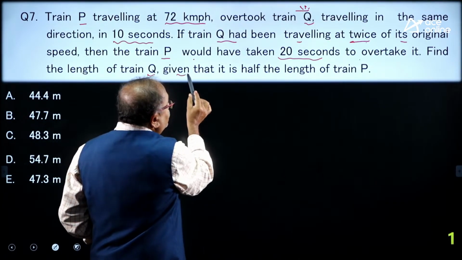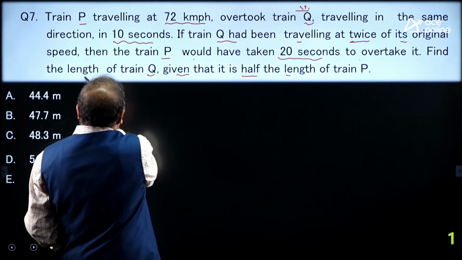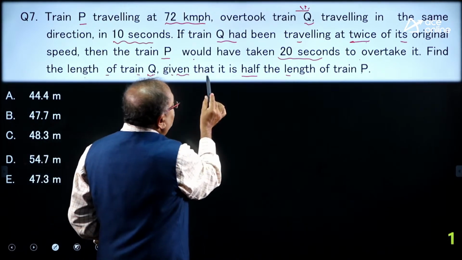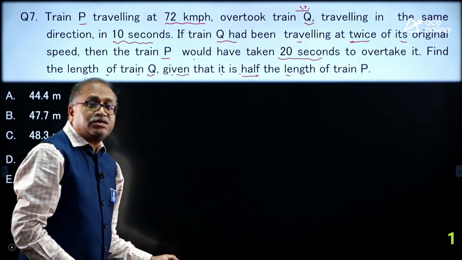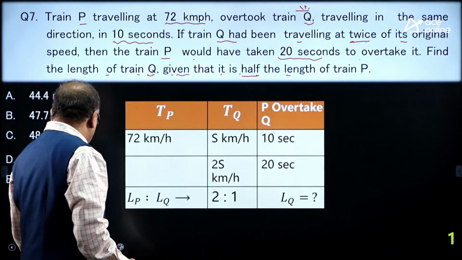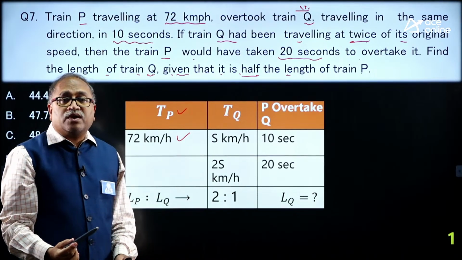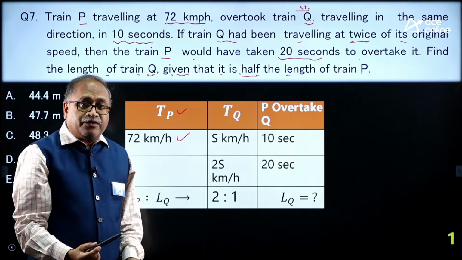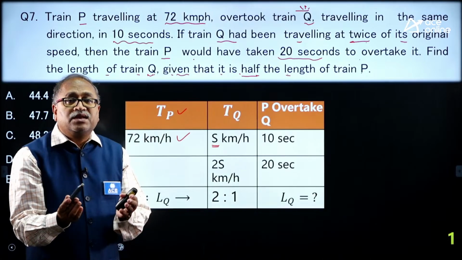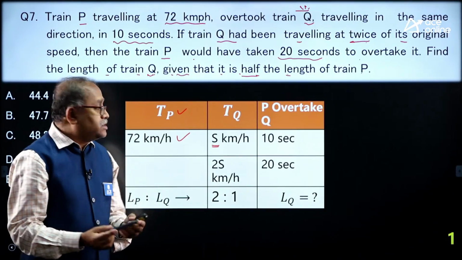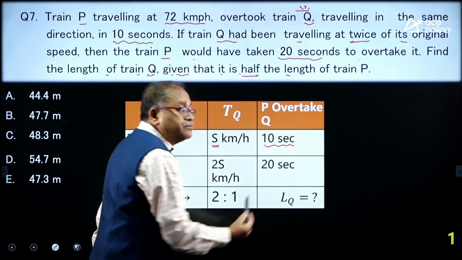Given that the length of train Q is half of the length of P. This is the information we have. Train P's speed is given to us, 72 km per hour. Coming to train Q, I do not know its speed, so I consider it as s. Train P overtakes train Q in 10 seconds.